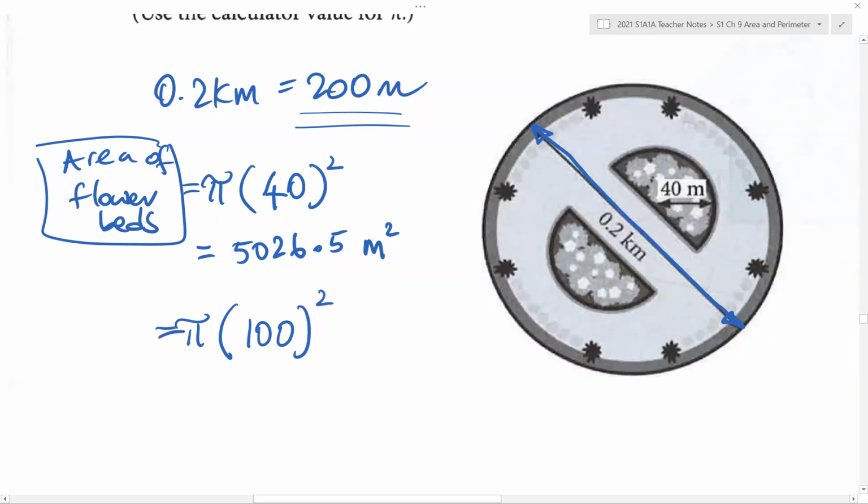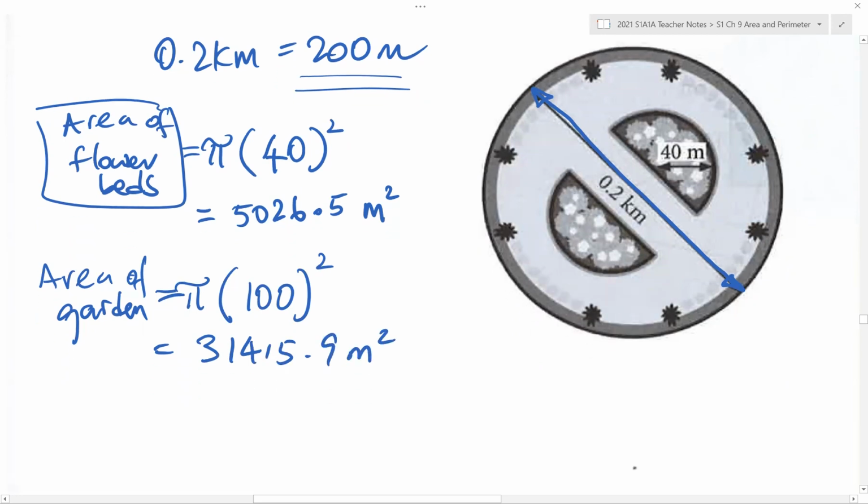What is this supposed to be? Good. Now this will give us 31415.9 square meters. Okay, what do we do with these two numbers?